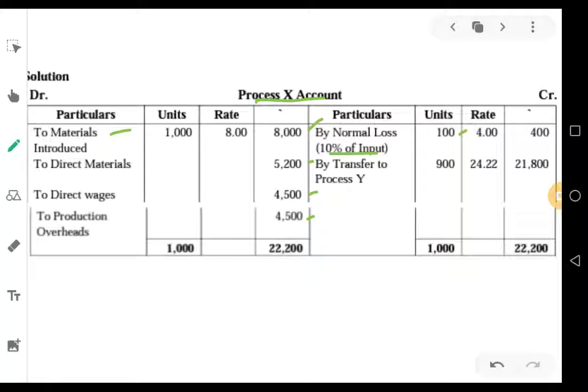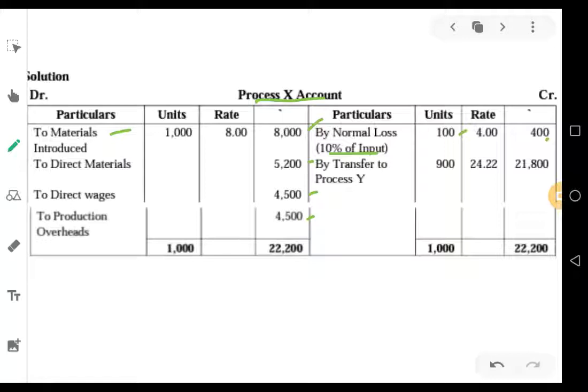It is not useful for manufacturing finished product. That scrap is normally sold in the market. There will be a scrap rate for that, which is also given in our question. 4 rupees per unit. So 100 units of normal loss sold at 4 rupees per unit should become 400 rupees.